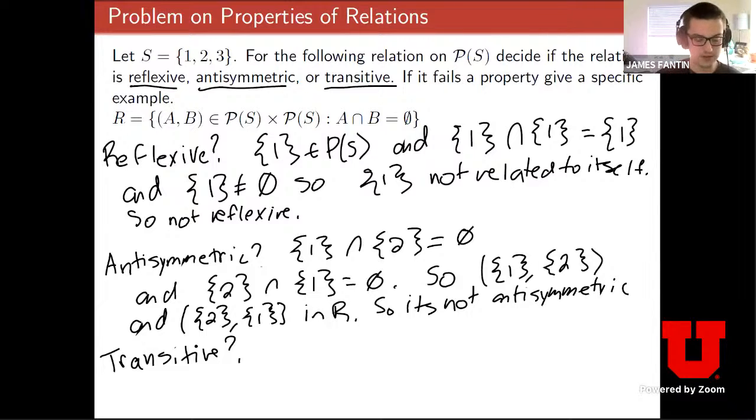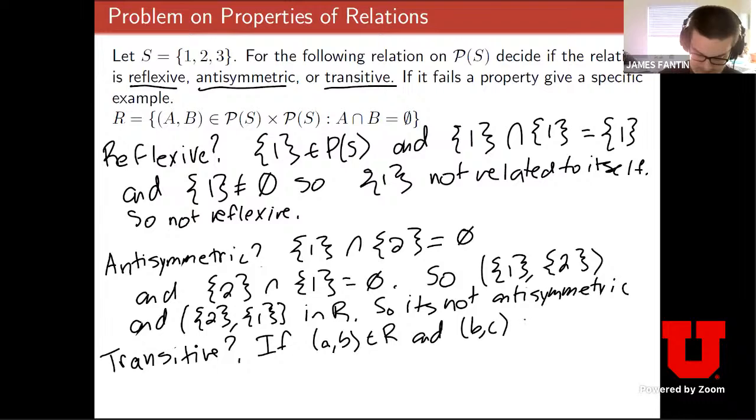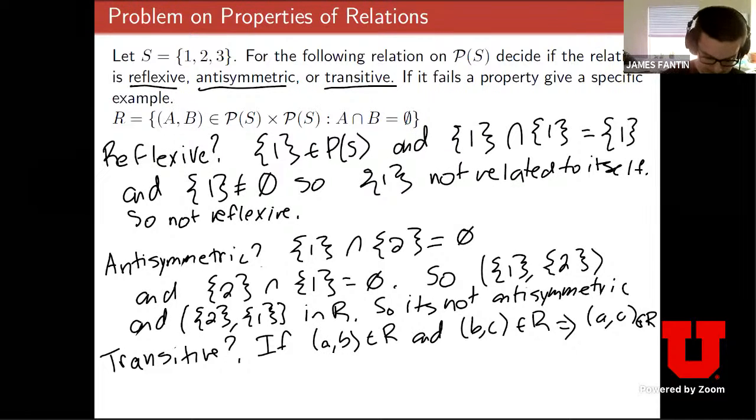So remember that transitivity requires that if (A, B) is in R and (B, C) is in R, then that implies that (A, C) is an element of R for all A, B, and C. So we can find an example by taking the previous example that we had for antisymmetric.